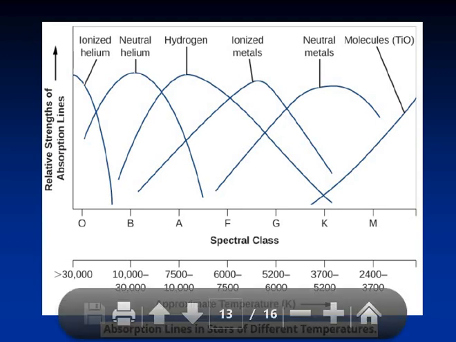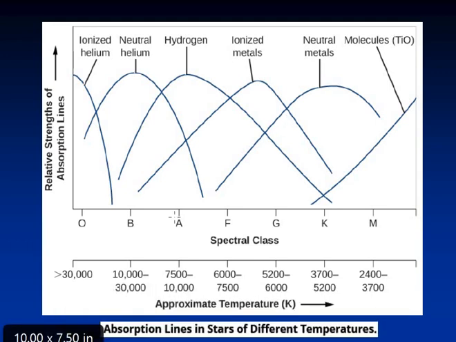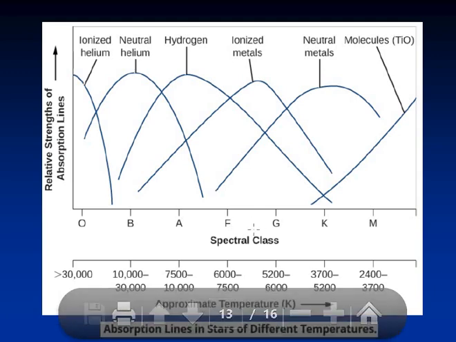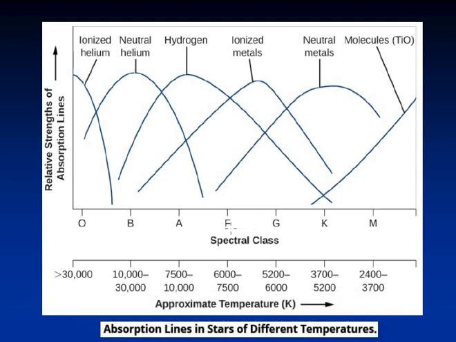Now, to see how spectral classification works, suppose we have a spectrum in which the hydrogen lines are about half as strong as those seen in the A star.